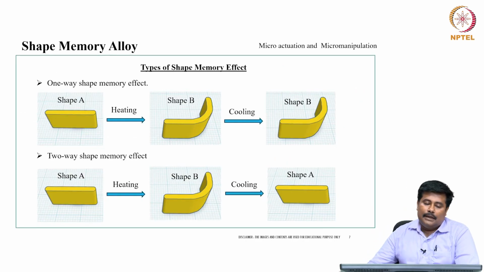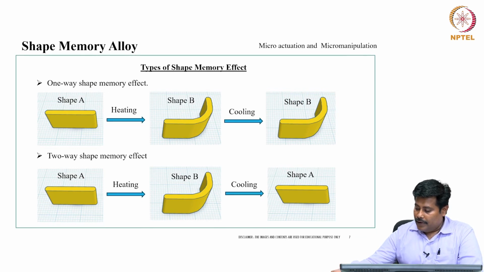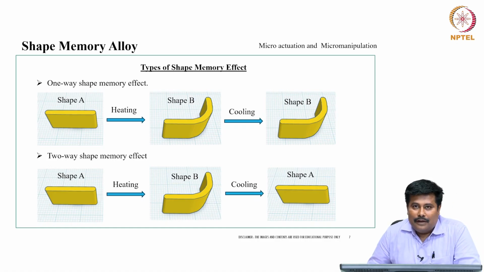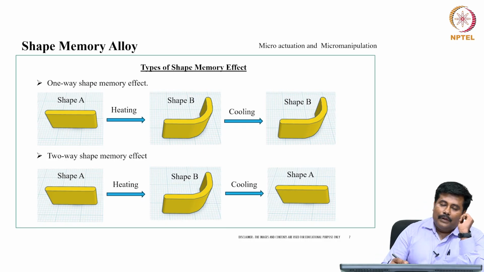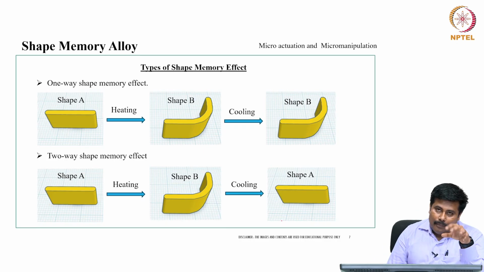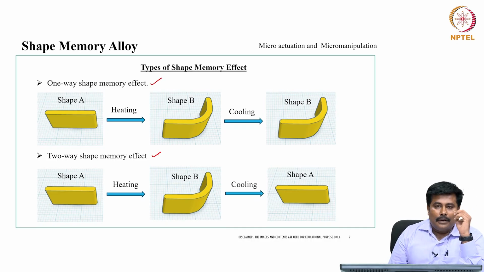Now let us see the overall types of shape memory effect exhibited, because based on the type of shape memory effect, we can appropriately design our actuator for micro robotic applications. If I classify the types of shape memory effect, two types are demonstrated: the one-way shape memory effect and the two-way shape memory effect.